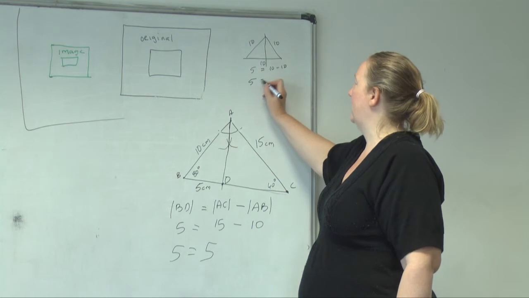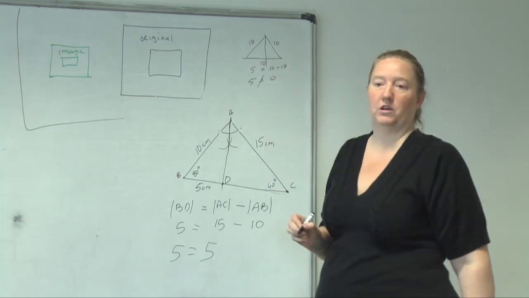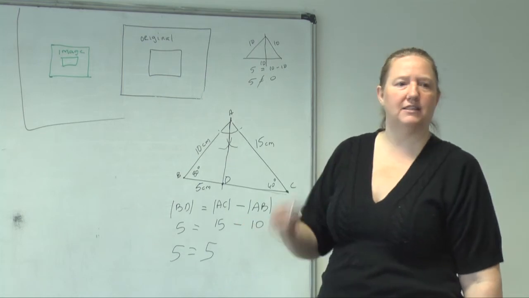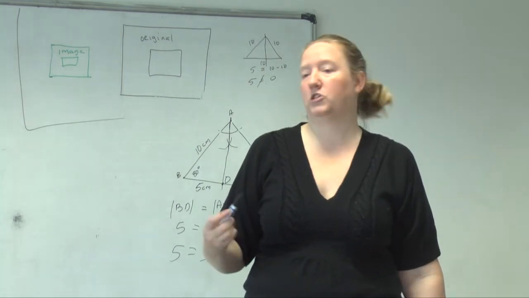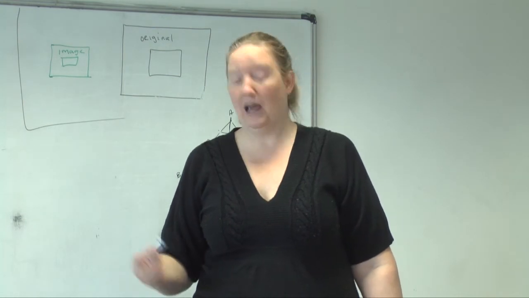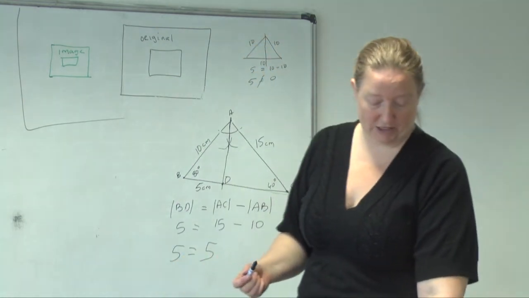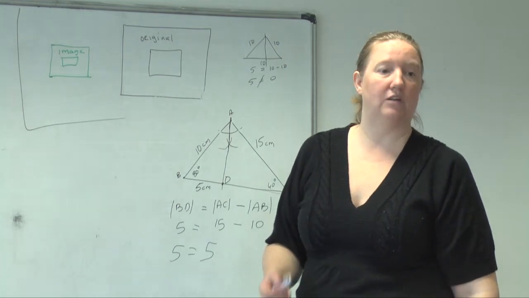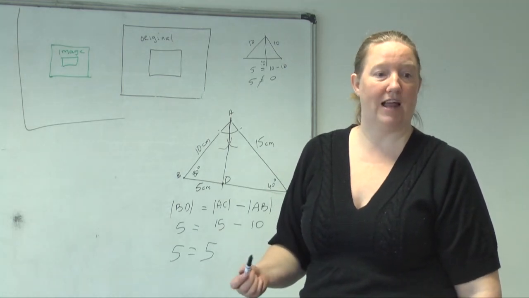So it does not work for an equilateral triangle. As long as there's one triangle that you know it doesn't work for, then it's not possible for every triangle. And I'd say that in my justification: no, this does not work for an equilateral triangle, so therefore it doesn't work for every triangle.